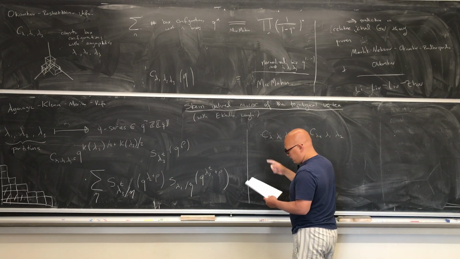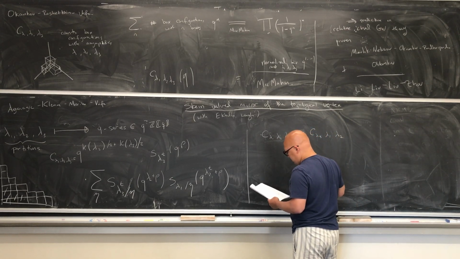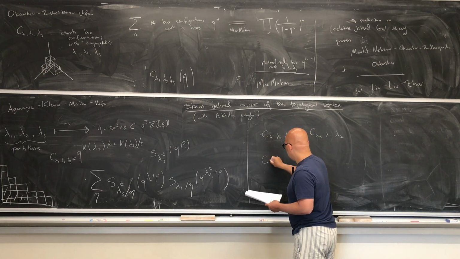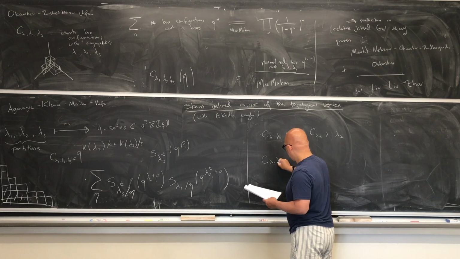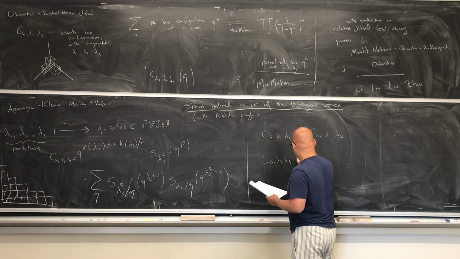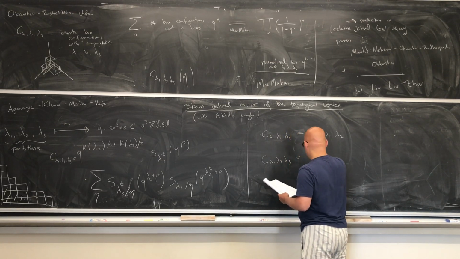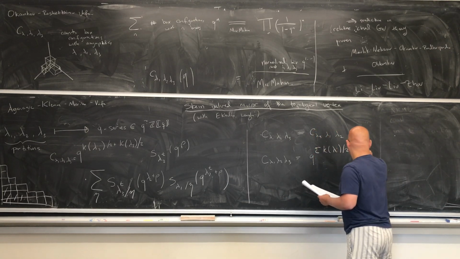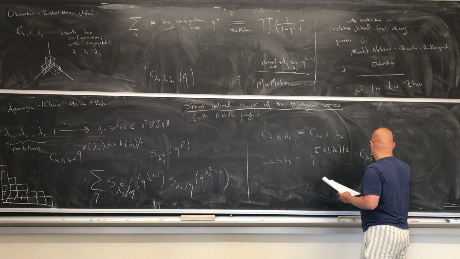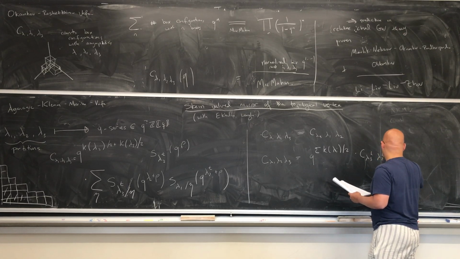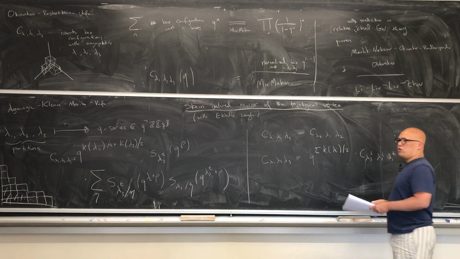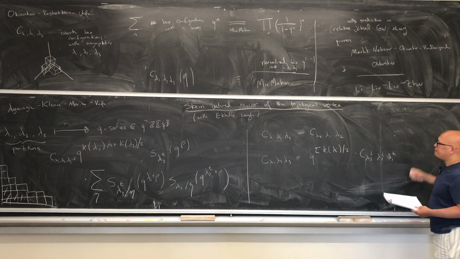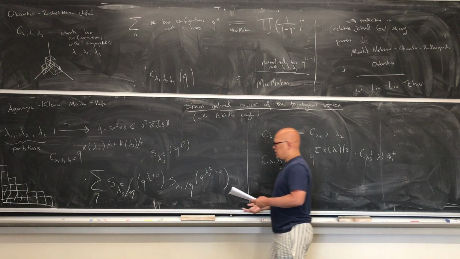And the box counting statement also implies what I'm about to say, but you can see it more easily just from the formula, which is that C of lambda 1, lambda 2, lambda 3 is Q to this sum of kappa lambda i over 2 times C of lambda 3 transpose, lambda 2 transpose, lambda 1 transpose. That corresponds to reflecting the room along some plane. So these are the symmetries of this function.